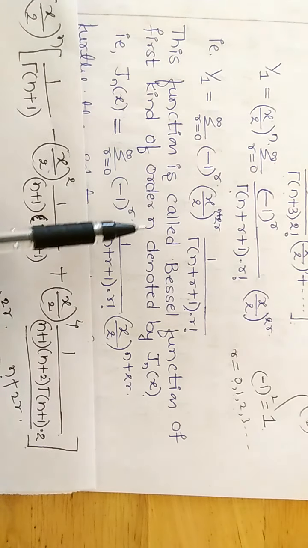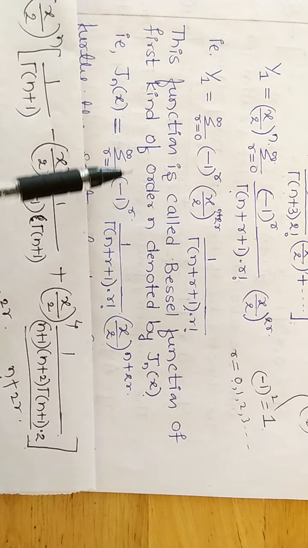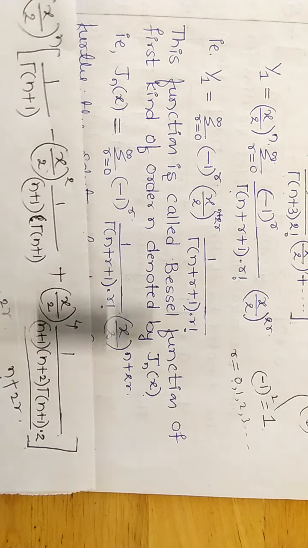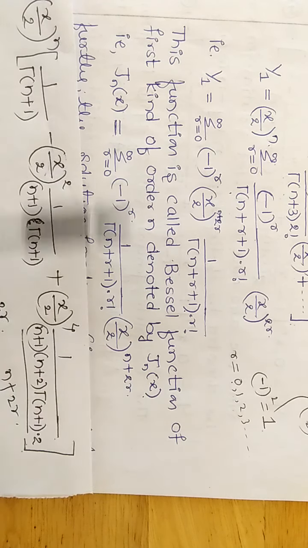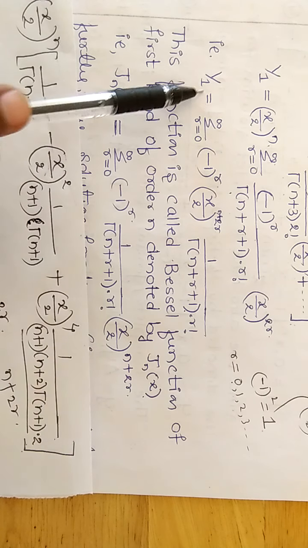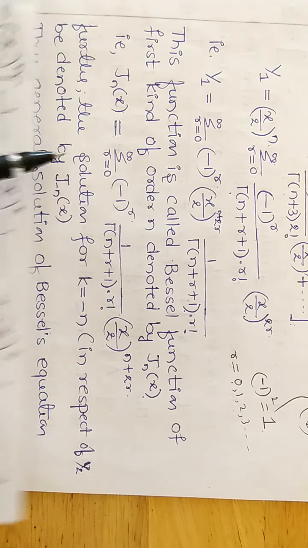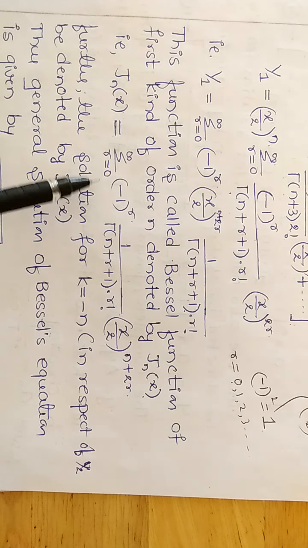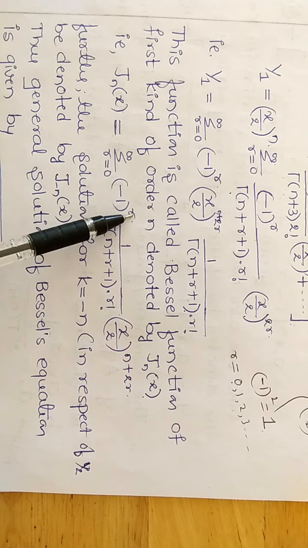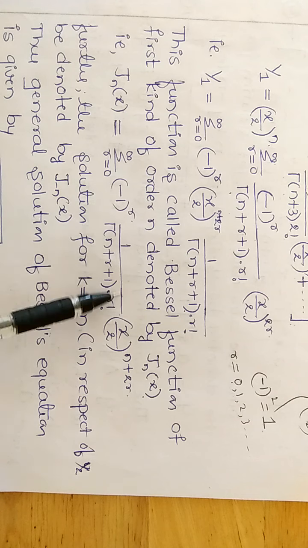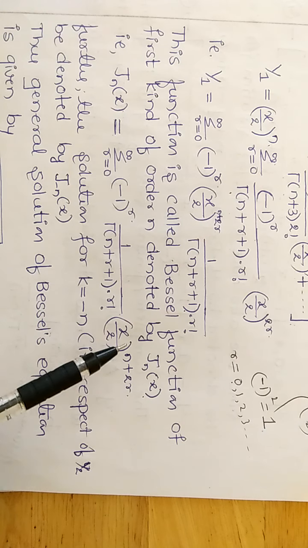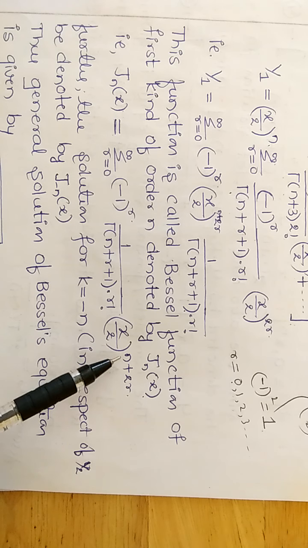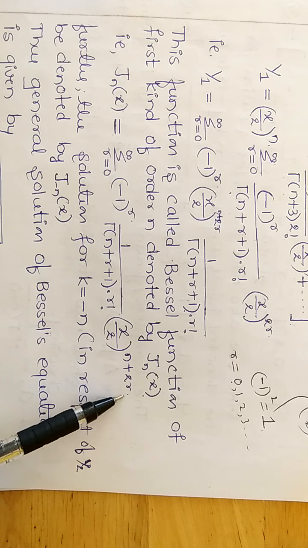This function is called Bessel's function of first kind of order n, denoted by Jn of x. So y1 is replaced by Jn of x, equal to summation r running from 0 to infinity, minus 1 raised to r, 1 divided by gamma of n plus r plus 1 into r factorial, x divided by 2 to the power n plus 2r.